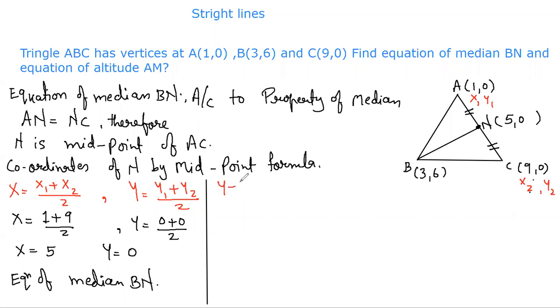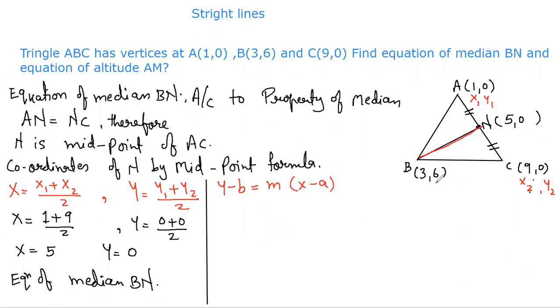For a and b we can take either (3, 6) or (5, 0), because we are finding the equation of this line BN. So either we can take the B coordinate as (a, b), or the N coordinate (5, 0).